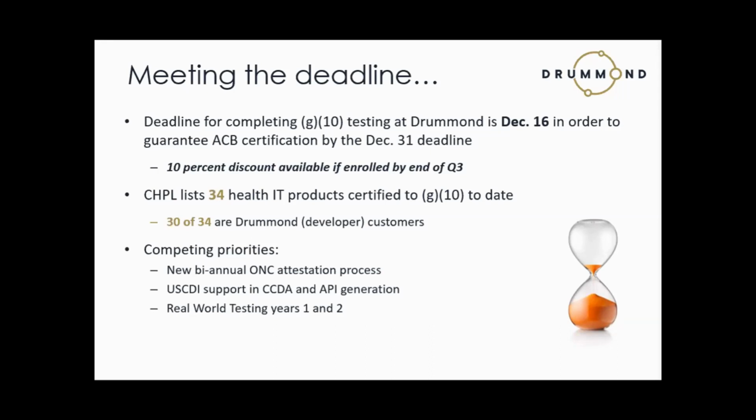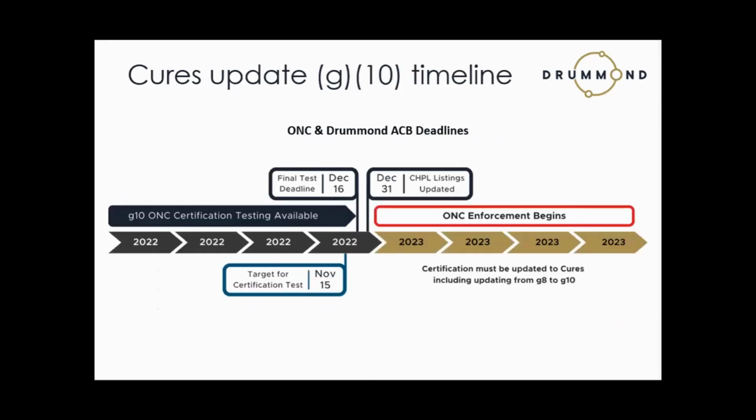And it also begins real world testing year two. Another real world test plan is due by December of this year as well. So there's a lot going on in addition to the lift that is developing compliance to an API platform, FHIR v4. Tim will get into a little bit more of that.